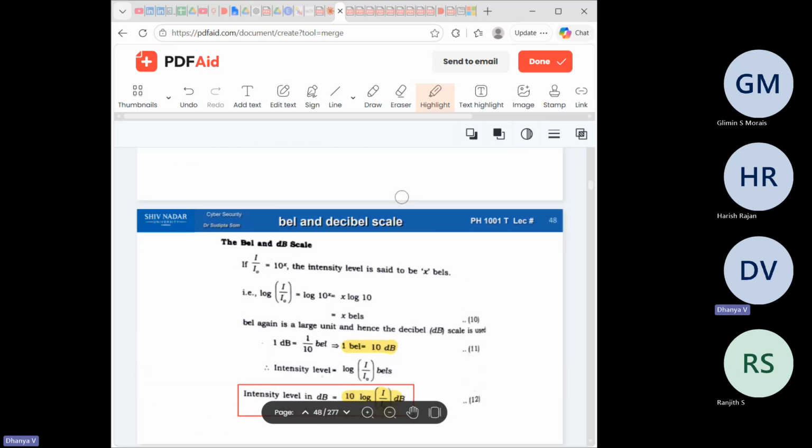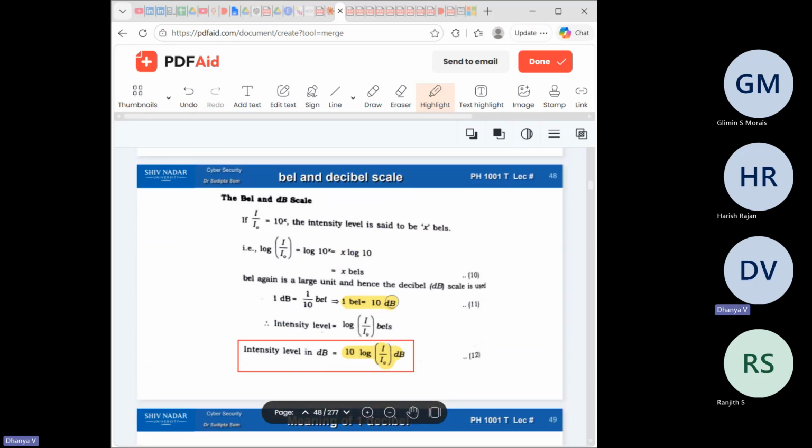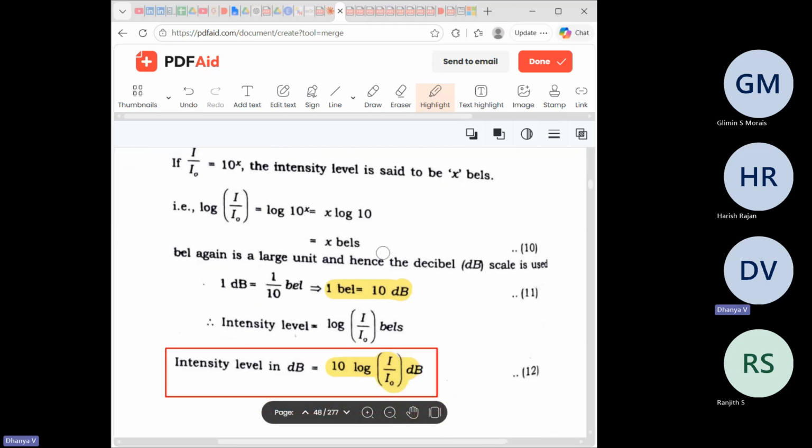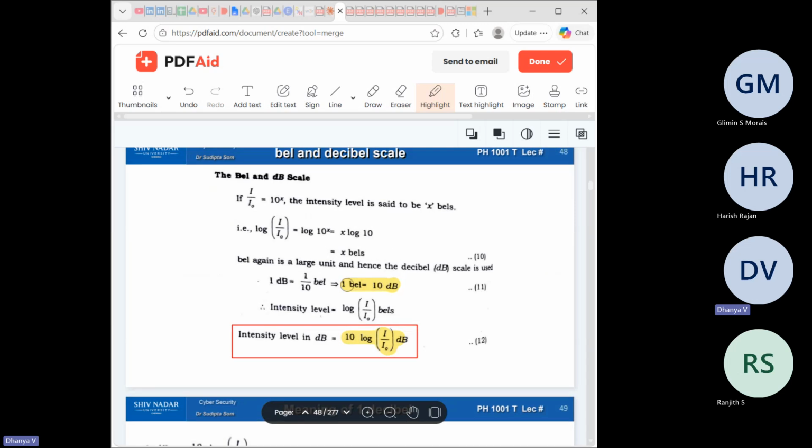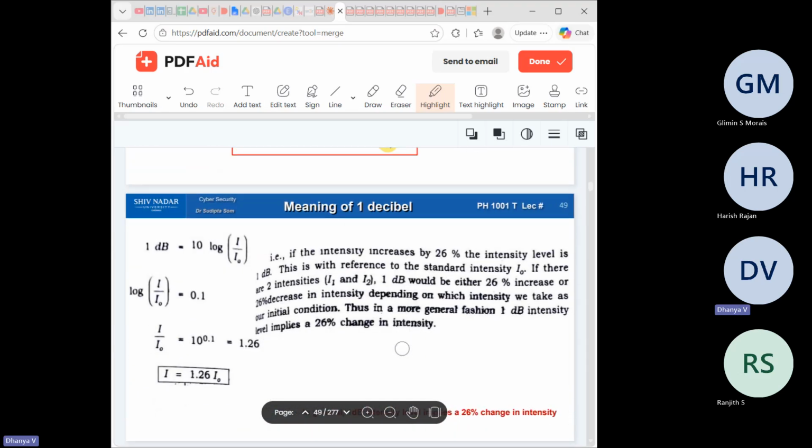Okay, so now, earlier we saw in terms of decibel, no. Now we'll see in terms of bel. So one bel is 10 decibel. Okay, so intensity level in decibel is 10 log I by I naught dB. Okay, so that's it.